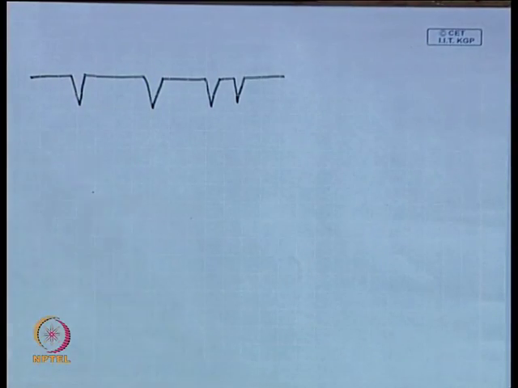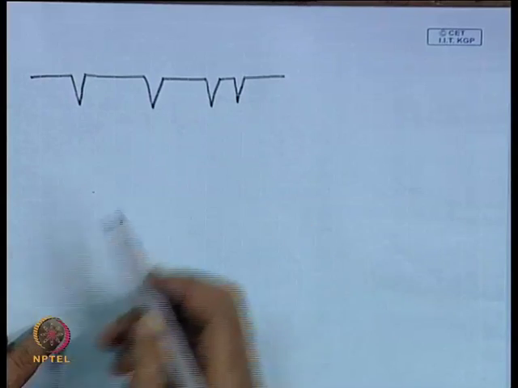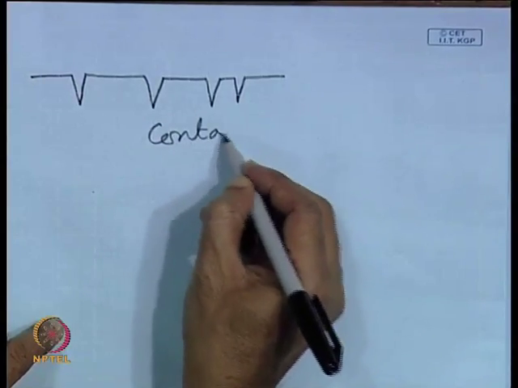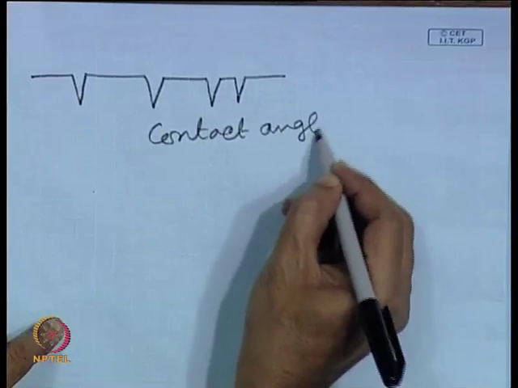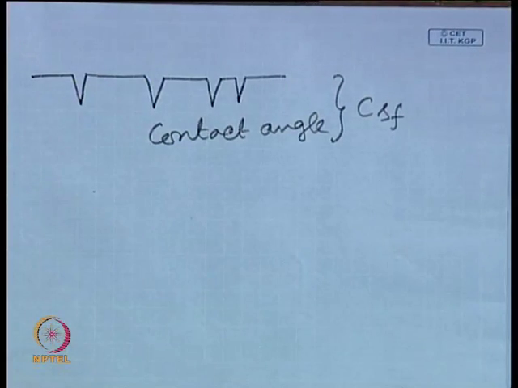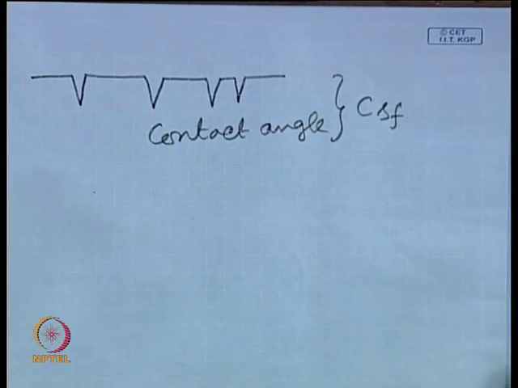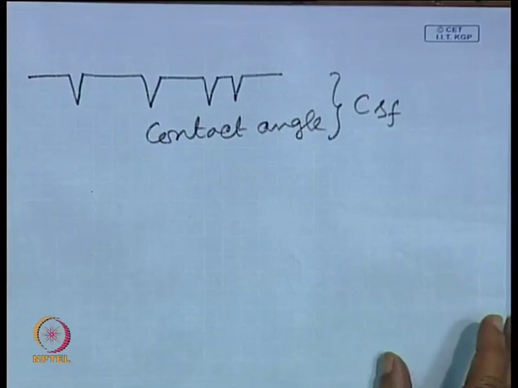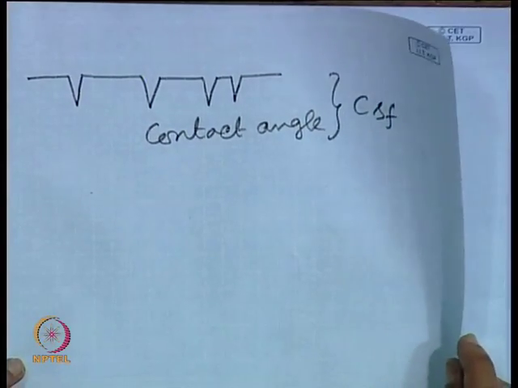The contact angle is not directly appearing in the correlation, but there could be an effect of contact angle. All these things are taken care of by C_SF. So, actually Rohsenow has done this with good foresight, and with the help of the large number of tabulated C_SF values, one can get reasonable prediction of boiling heat transfer.